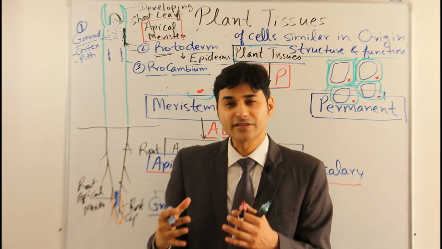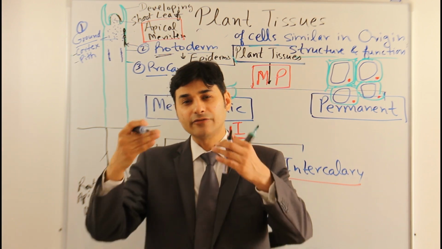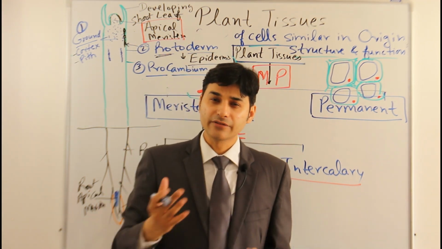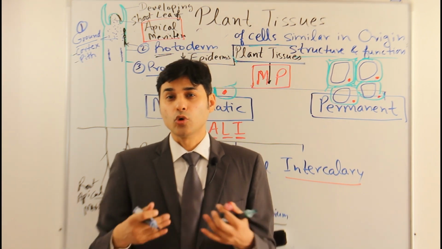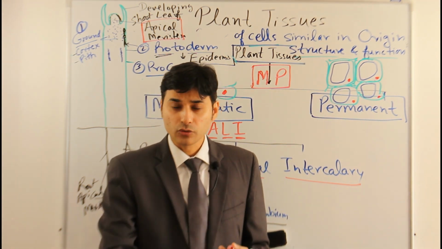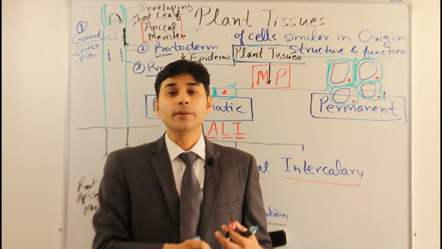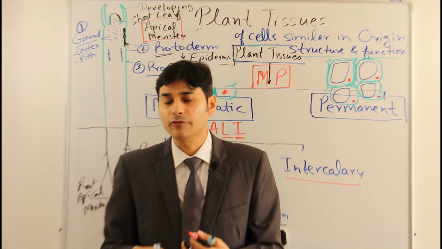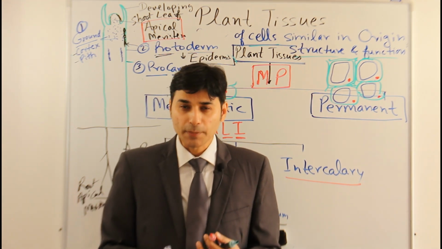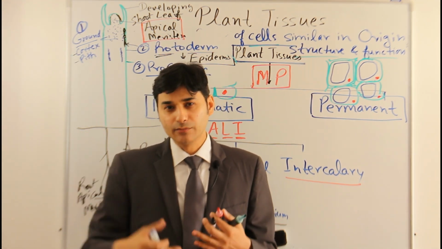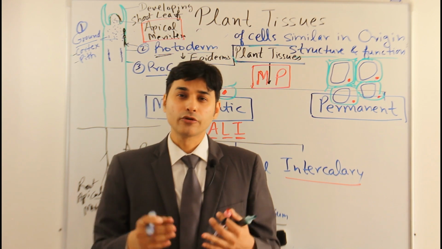In all the stems, in all the plants, they have xylem and phloem. We know that xylem is responsible for the one-way conduction of the water and dissolved minerals from the root to the top, and phloem on the other hand is responsible for both up and down movement of the liquid food.